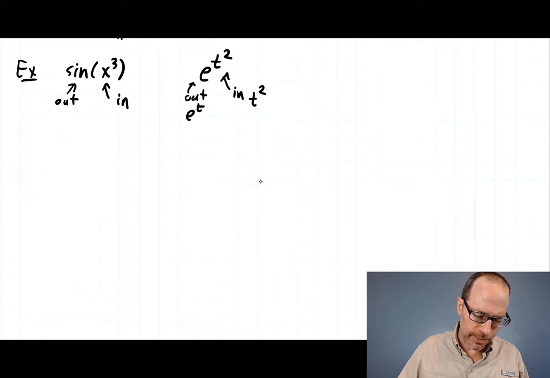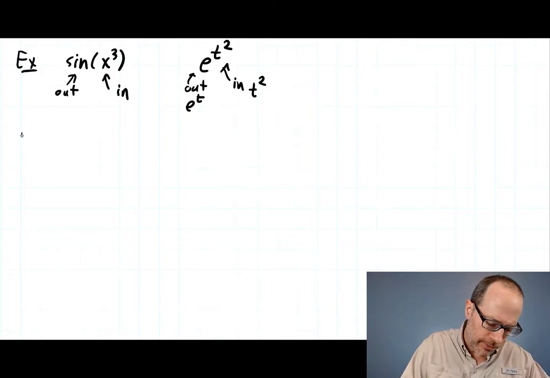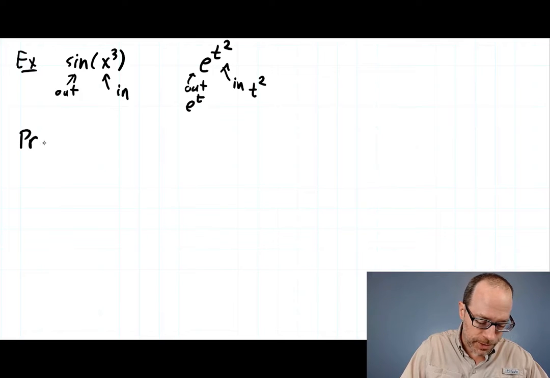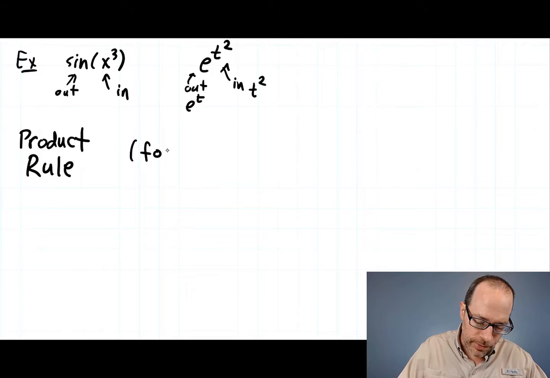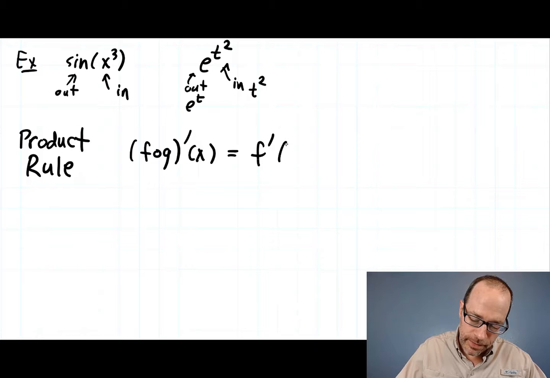So here is the statement. If you have two differentiable functions, f and g, then the derivative of their composition is f prime evaluated at g of x times g prime of x.